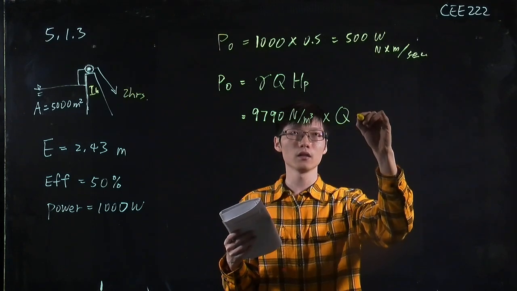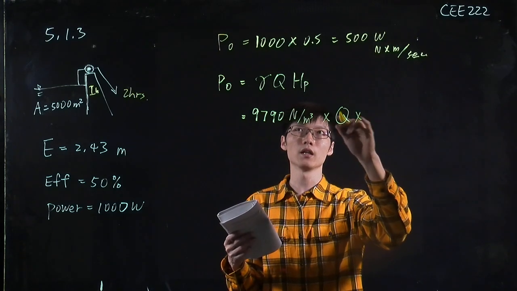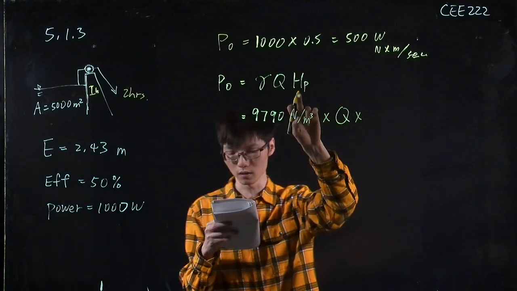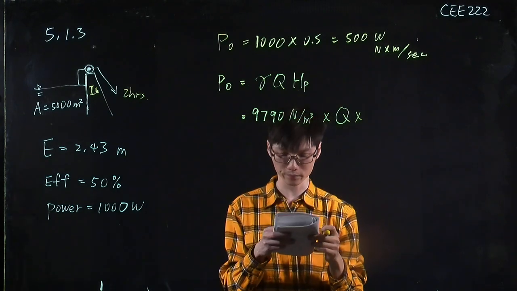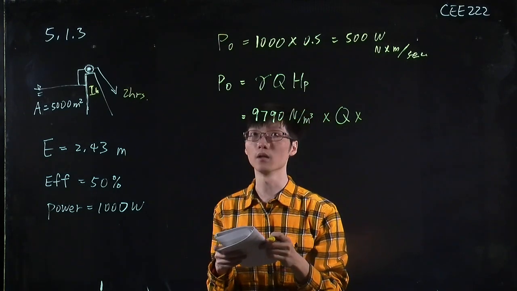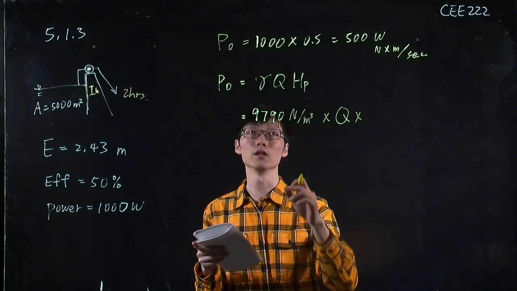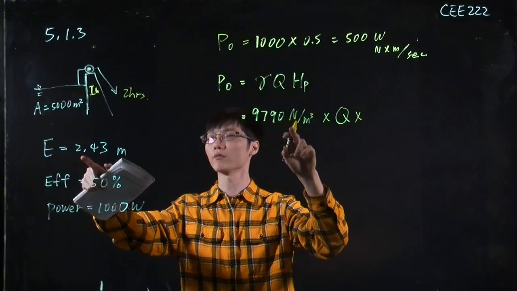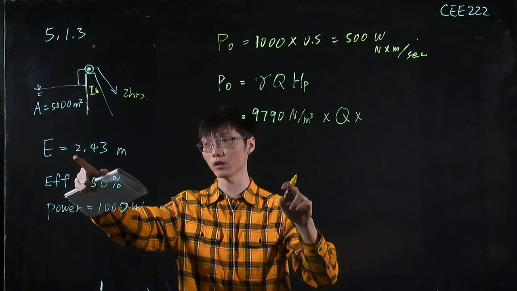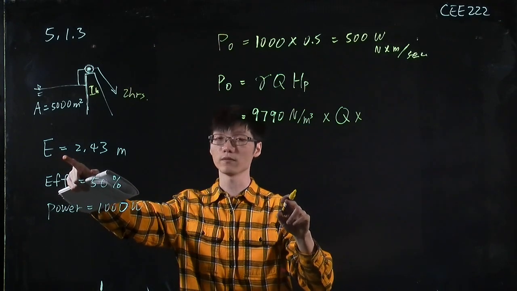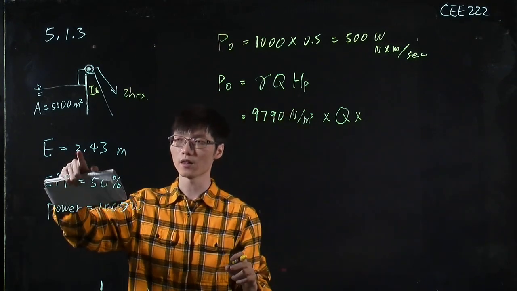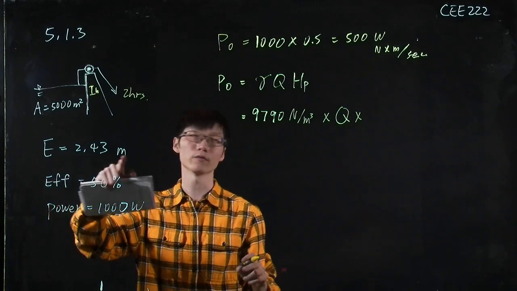And times the energy that can be provided by the pump, with the total energy that we need to suck the water up, which is provided by the problem, is equal to 2.43.